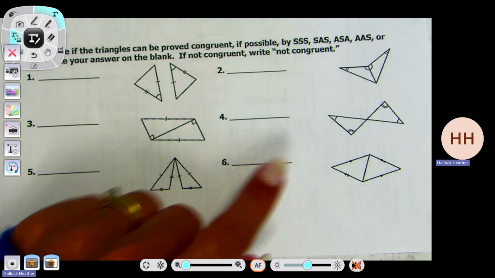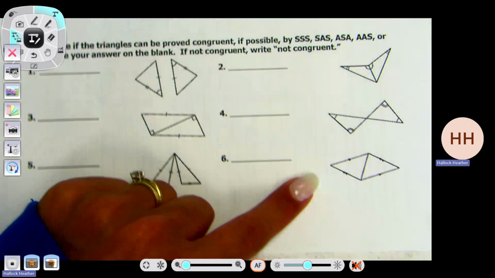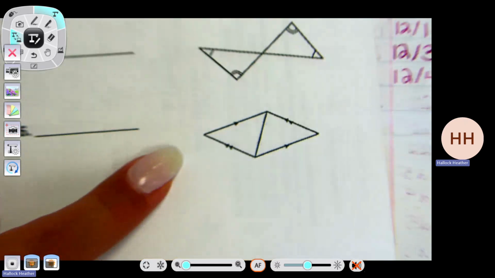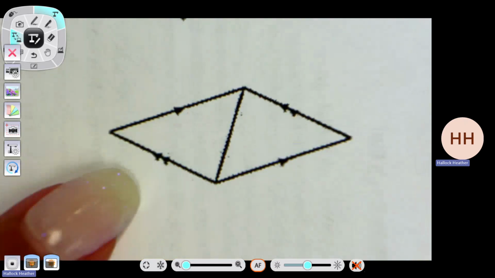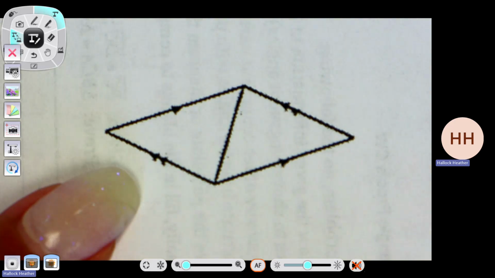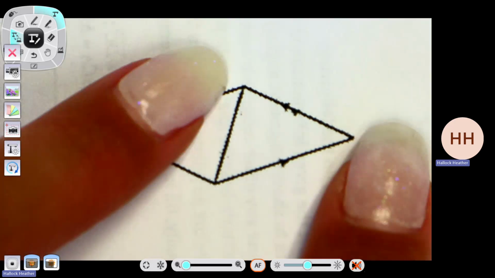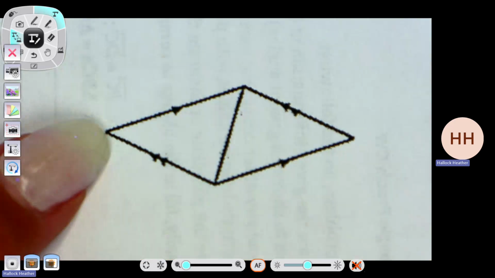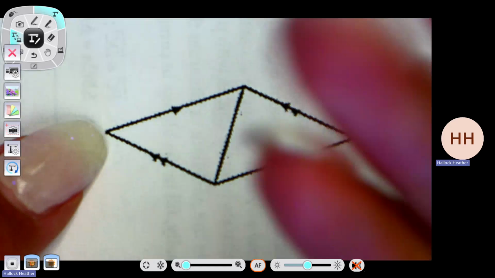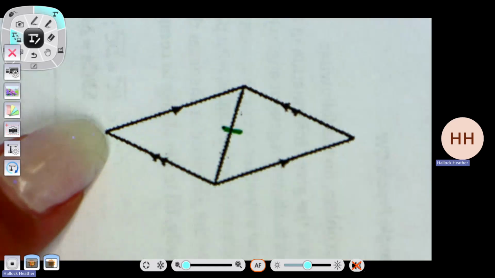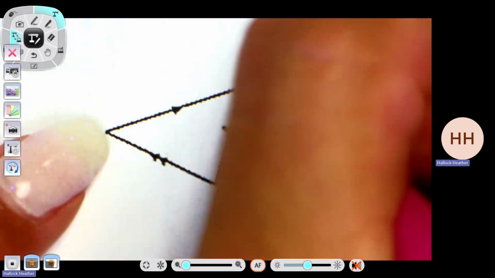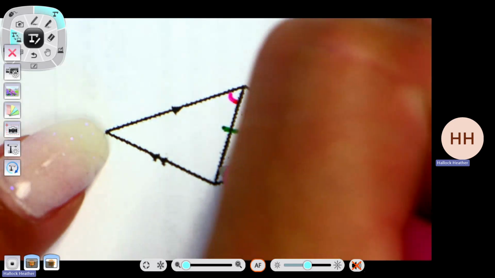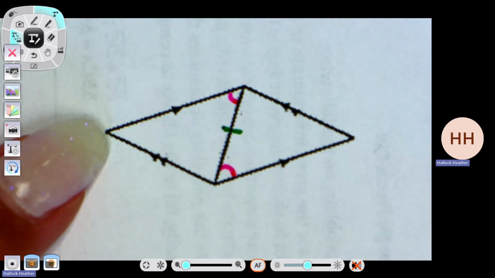Now, for number 6, these are not side, side, sides. These are arrows. Because you have arrows, that's telling you that the top and the bottom run parallel, the sides run parallel. So you can add in a side because of the reflexive property. Parallel lines cut by a transversal says that if this angle matches this angle, they can jump across the transversal.